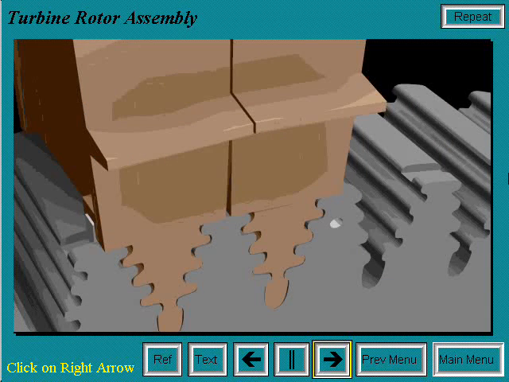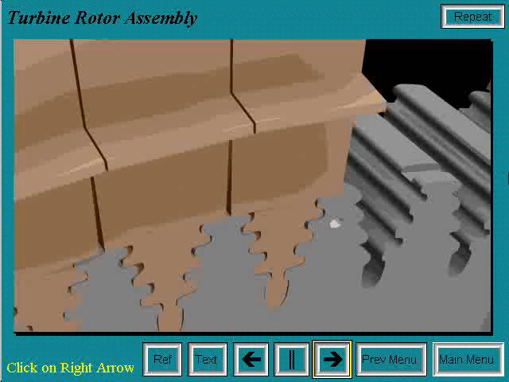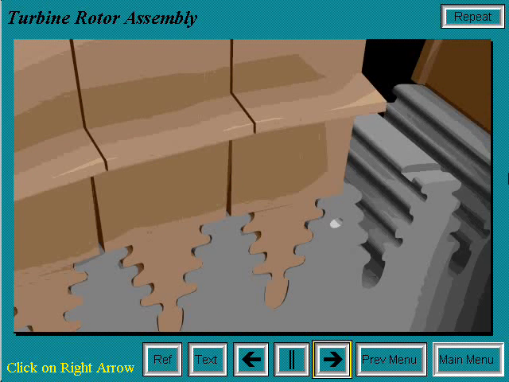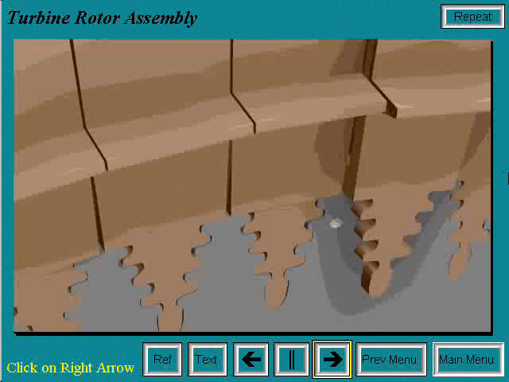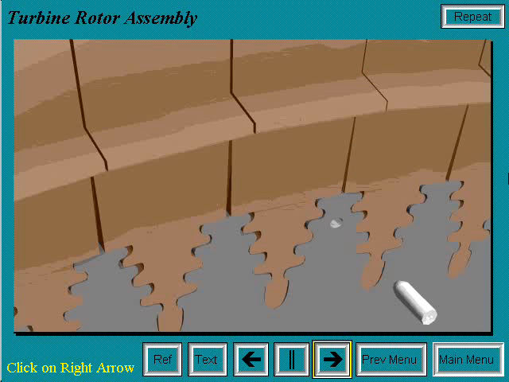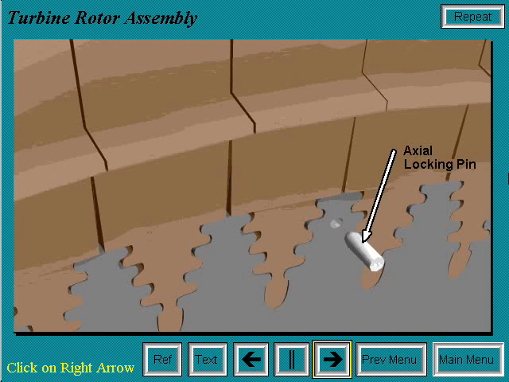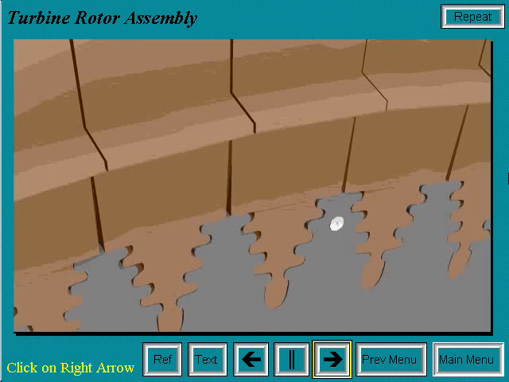The remainder of the buckets are installed in this fashion, working around the wheel counterclockwise. The last bucket is installed into its dovetail and the axial locking pin is driven into the wheel. This pushes the radial locking pin up to hold the last bucket in place. All the buckets are now locked onto the turbine wheel.